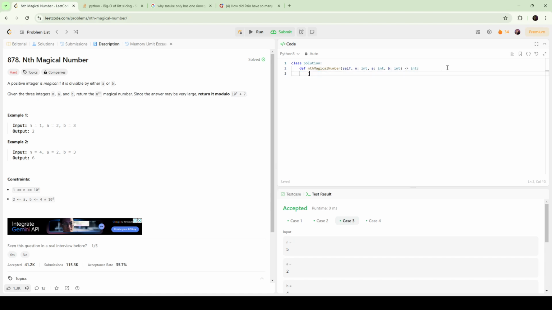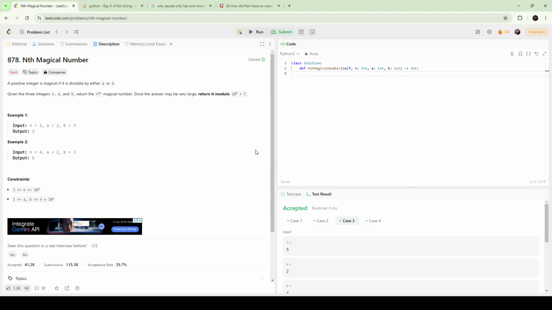And for every midpoint, if the number of magical numbers below it is smaller than n, then we are going to set our left pointer to mid plus 1, to keep exploring new potential candidates that could lead to a higher number.